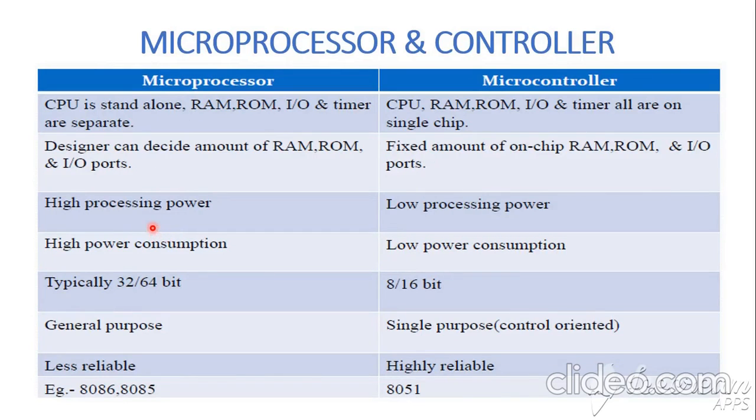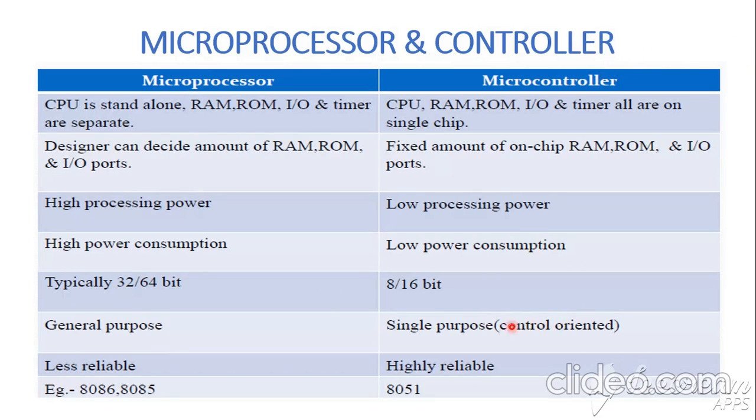Then processing power is high in microprocessor, processing power is low in microcontroller, power consumption is high in microprocessor, power consumption is low in microcontroller. Microprocessors are typically 32 or 64 bit, microcontrollers 8 or 16 bit. Coming to application, microprocessors are designed for general purpose, for example our laptops and desktops.